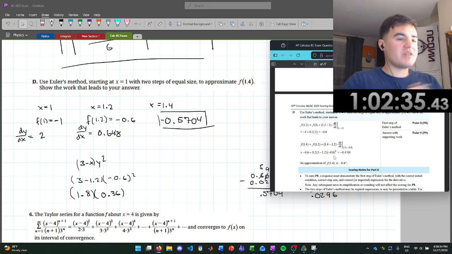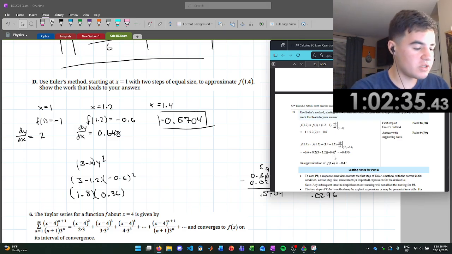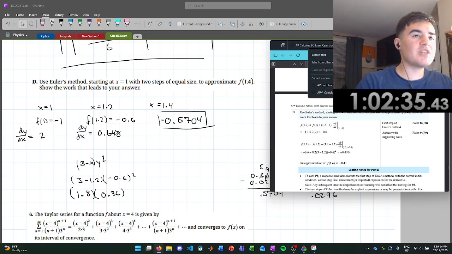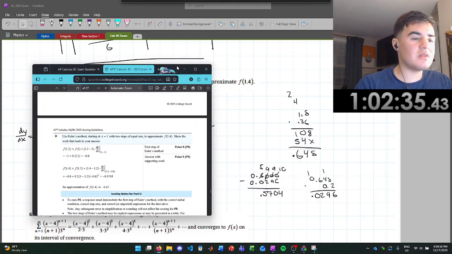Did I just add wrong actually? Hold on a sec. 0.2 times 3 minus 1.2 times negative 0.6 squared. Oh, that's 0.1296. Wait, did I just write 0.9?